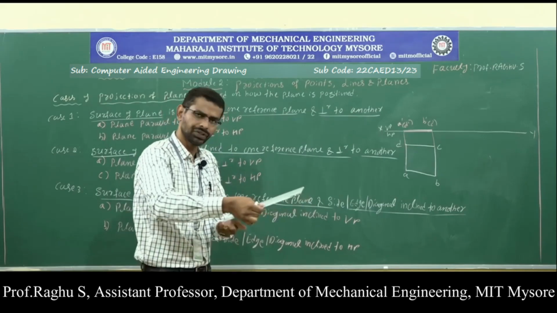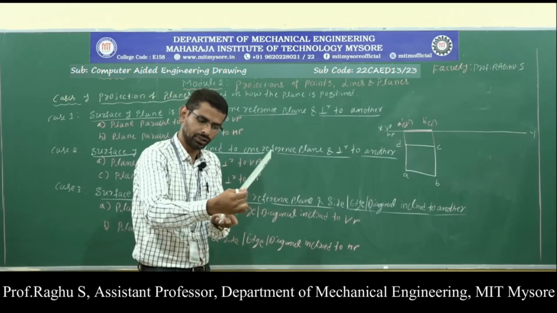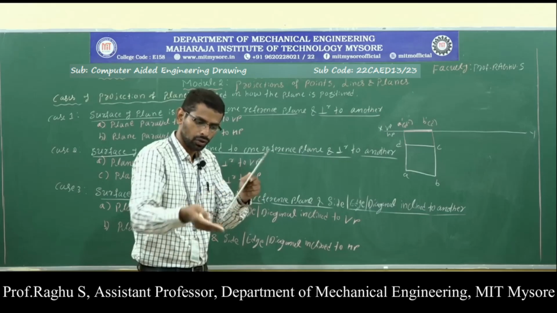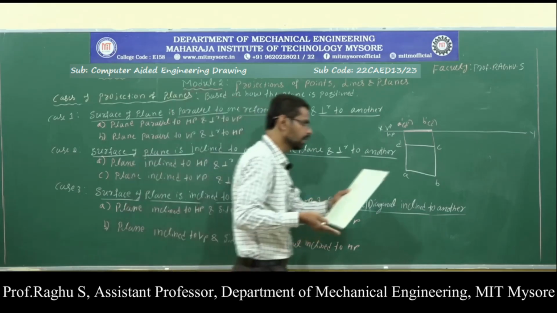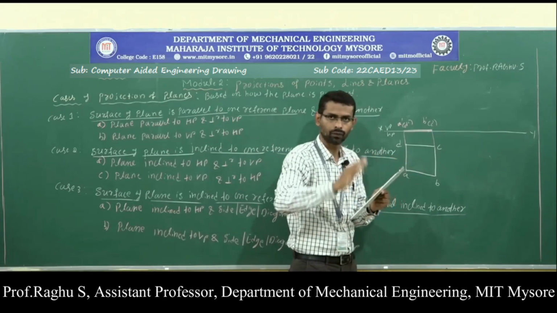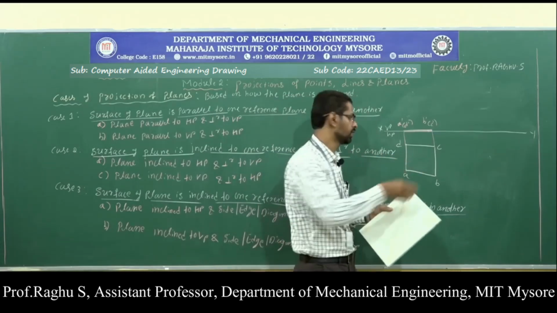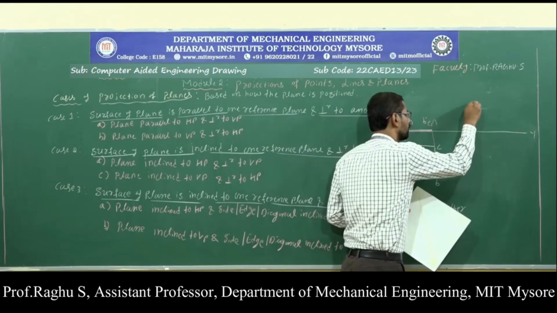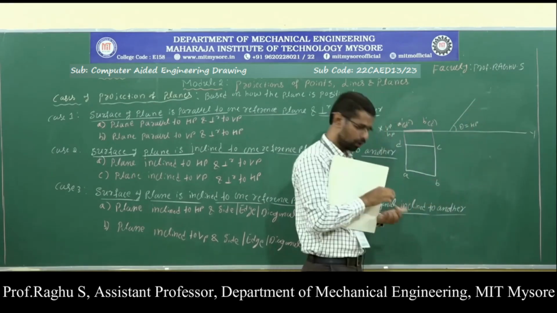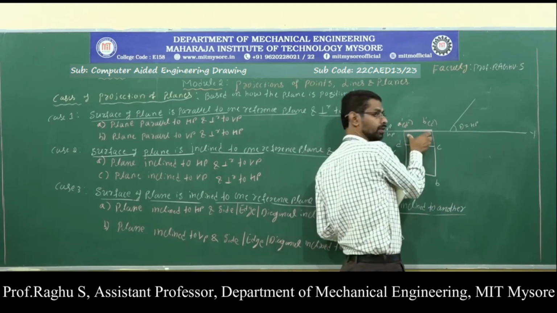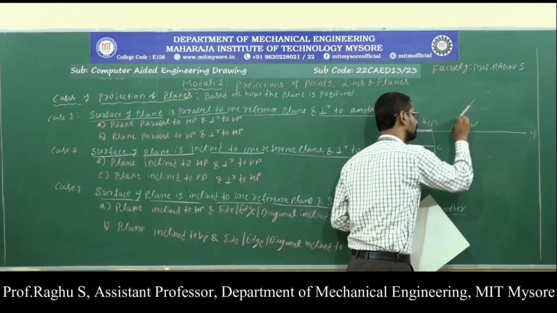Next, consider only the HP inclination, that is the lamina inclination. Tilt the lamina like this. With respect to the resting edge, when you tilt the lamina, the front view length does not change. Draw the HP inclination, theta. Now redraw this front view length.